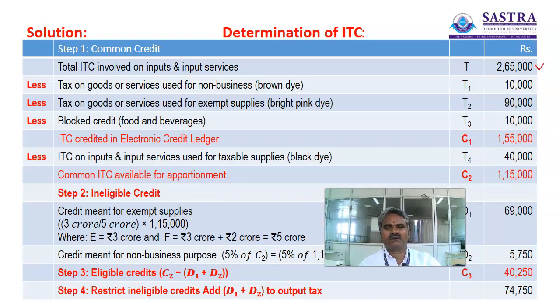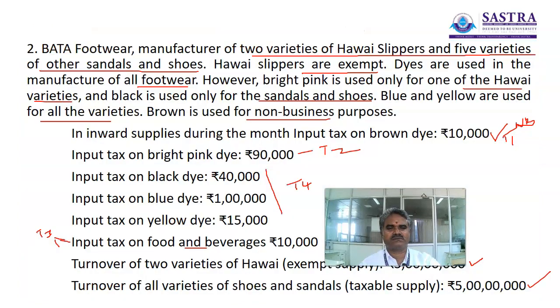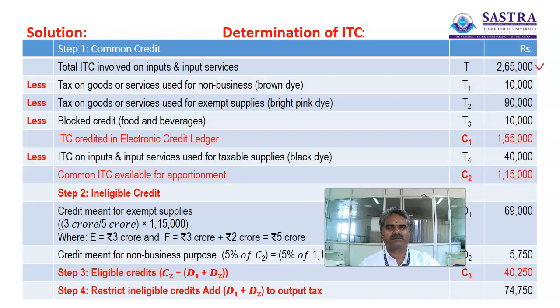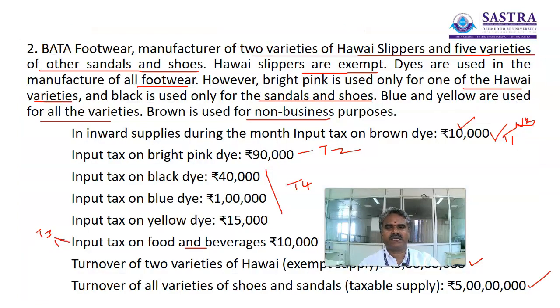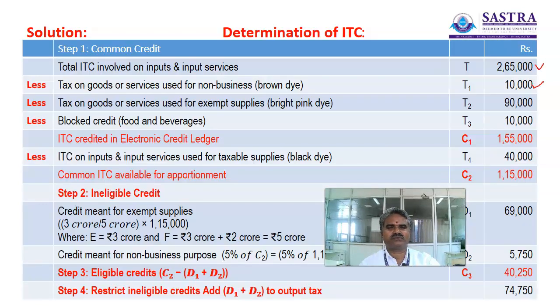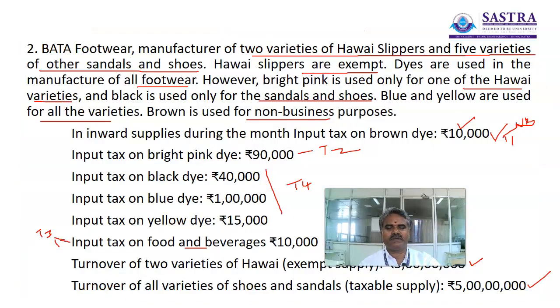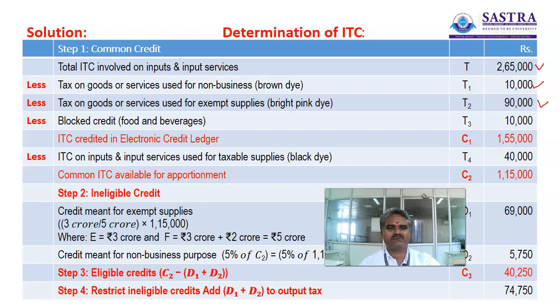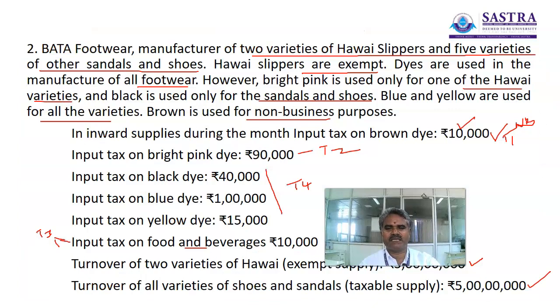Tax on goods, non-business, 10,000. Exempt 90,000. Blocked credit, food and beverages 10,000. So total is 155. Taxable 40,000. Black dye. Black dye is taxable.